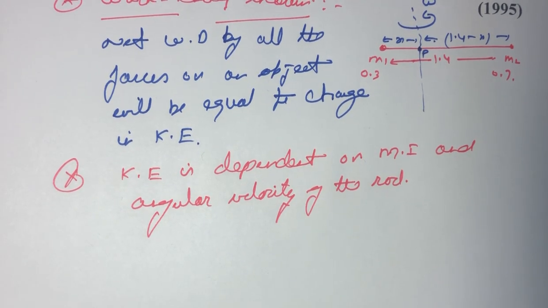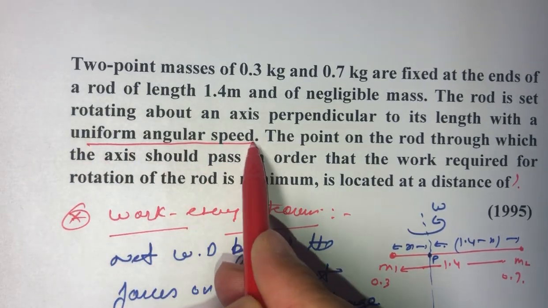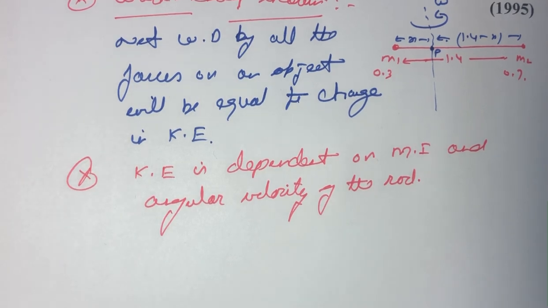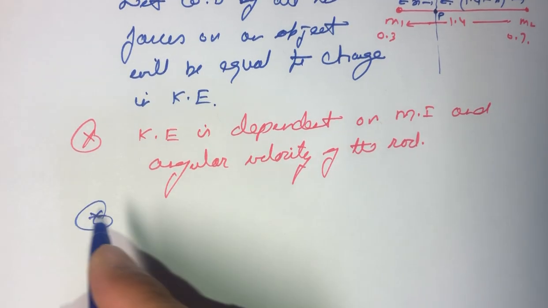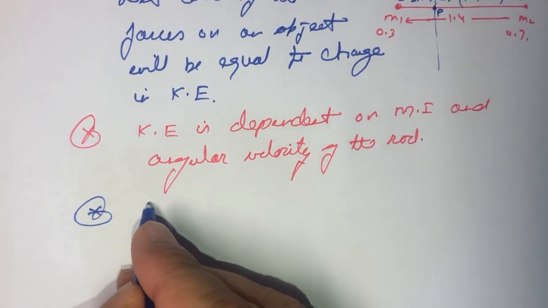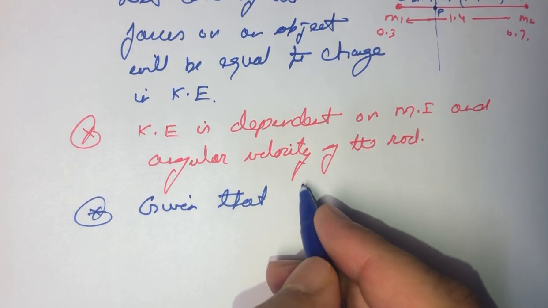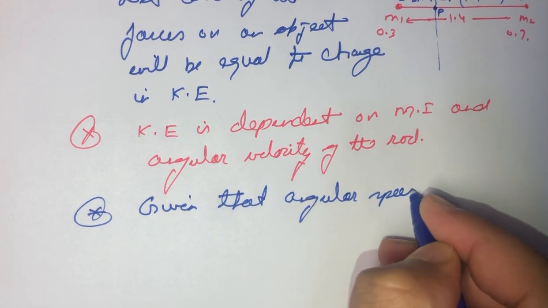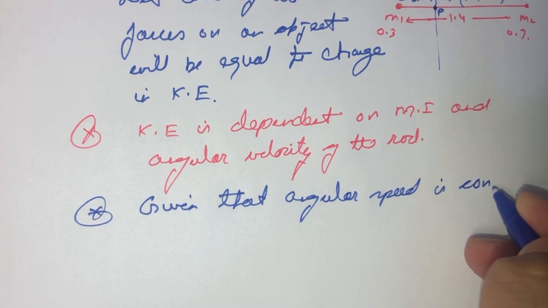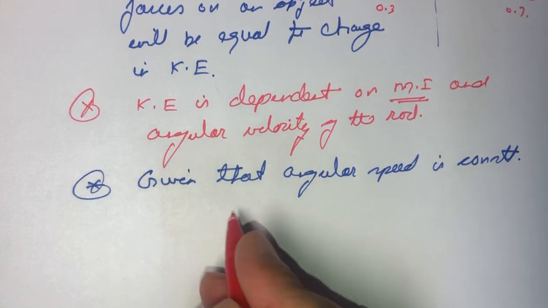Now herein the question itself, it is given that the rod is rotating with a uniform angular speed. So you can say given that angular speed is constant, therefore the kinetic energy will be only dependent upon moment of inertia.